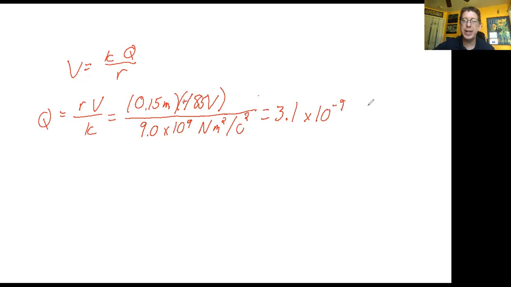And that would be in coulombs if everything else is in SI units. So 3.1 times 10 to the negative 9 coulombs. And so that's the charge that's involved, and it's positive. So again, you're approaching the positive charge, you're increasing the electric potential. And that's basically what that means. You go from infinity to 15 centimeters away from a positive charge, you've increased the potential.